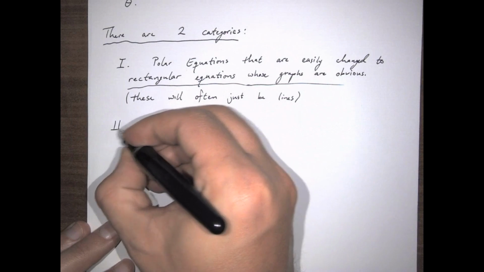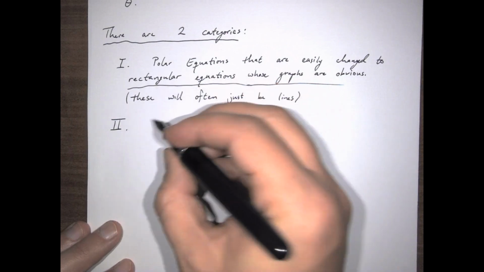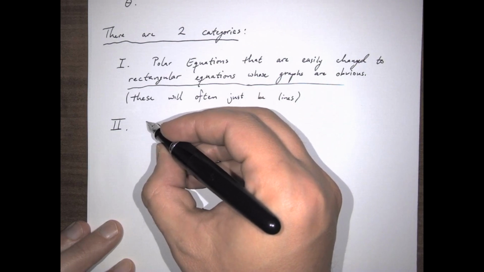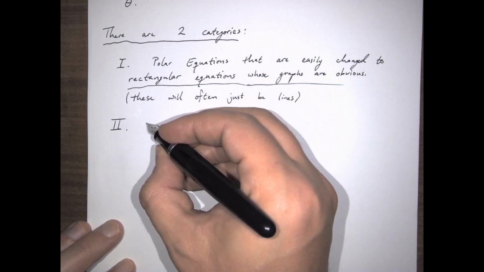a rectangular equation instead. And then the second category is the category of polar equations that are easiest to understand as polar equations themselves.